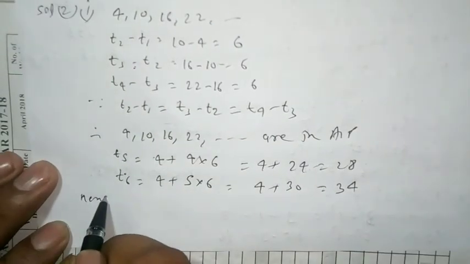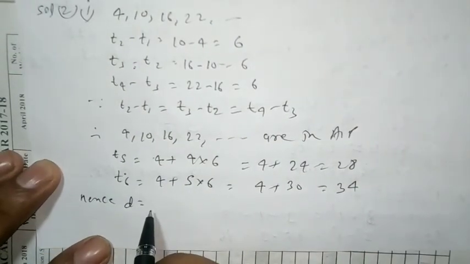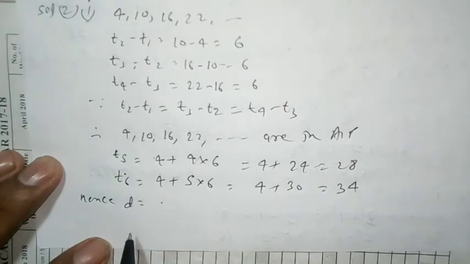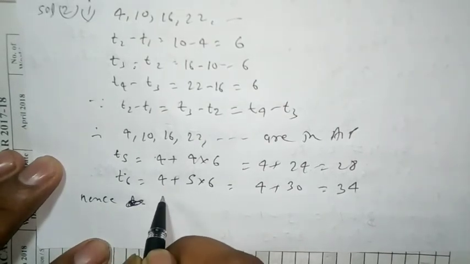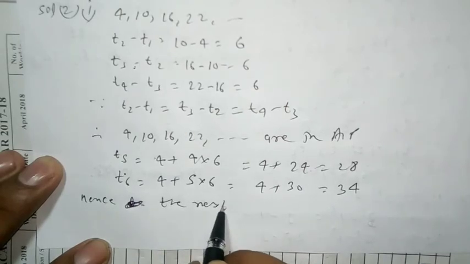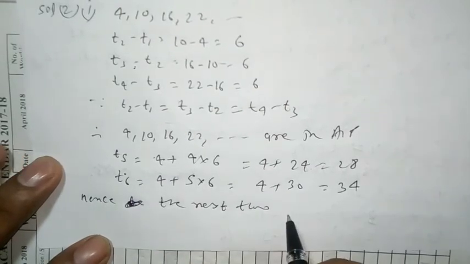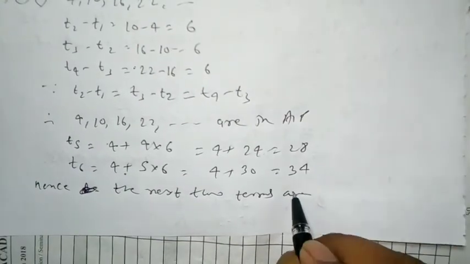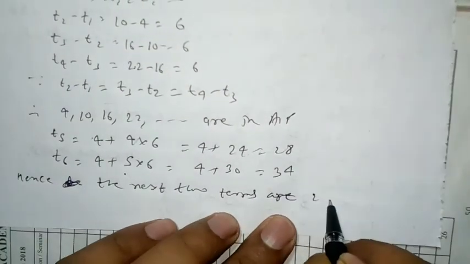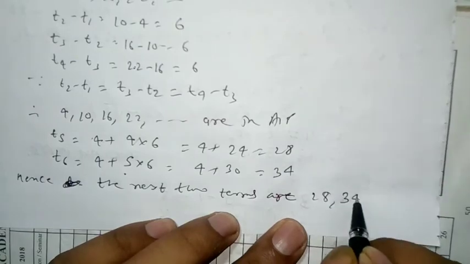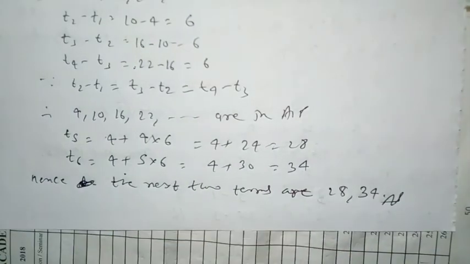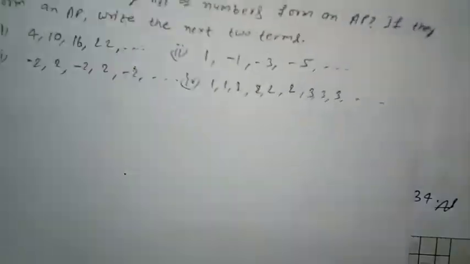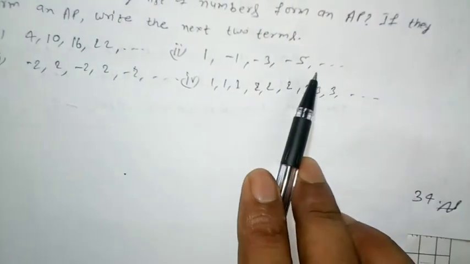Hence the next two terms are 28, 34. Answer. Now the second question, 1 minus 1 minus 3 and minus 5.